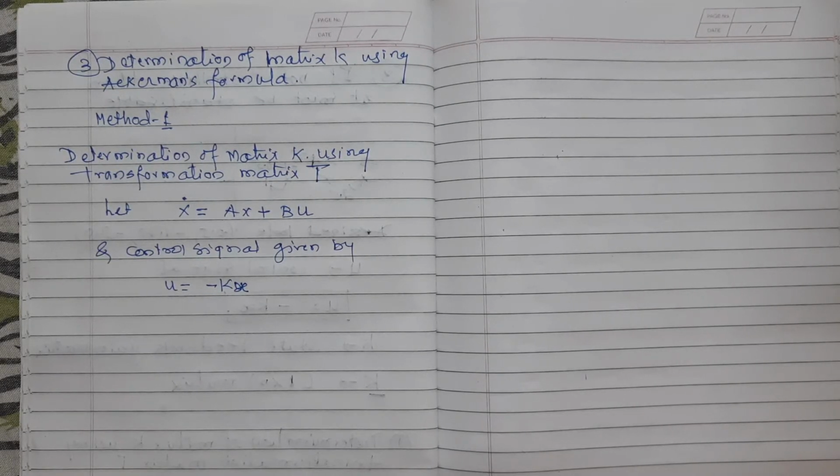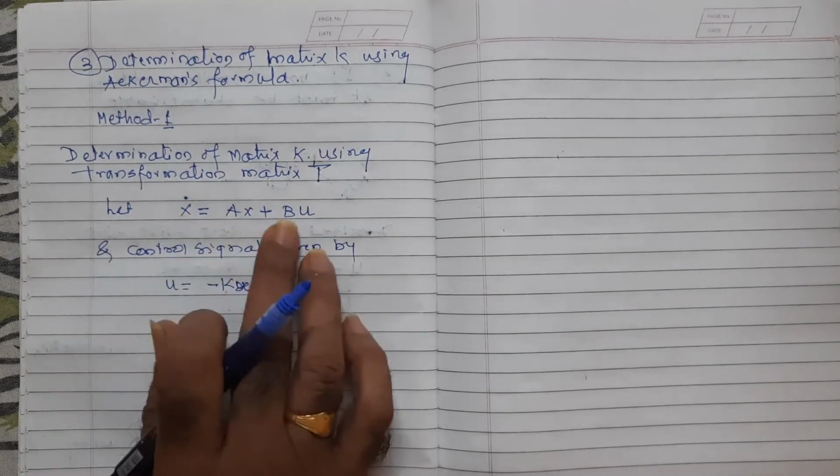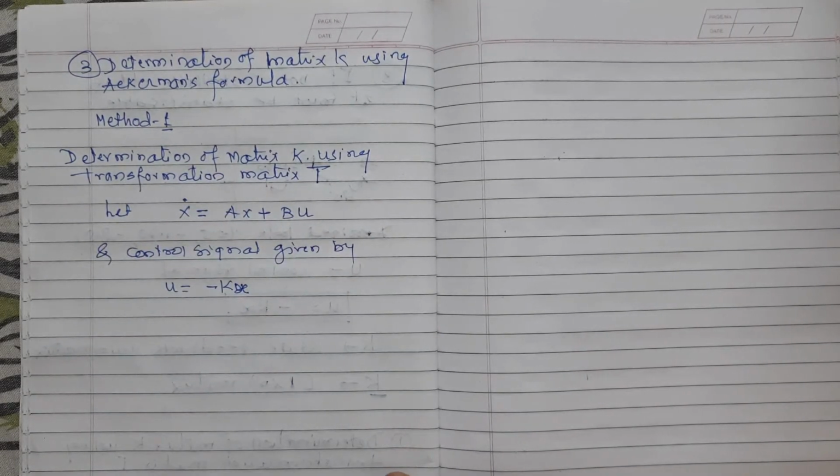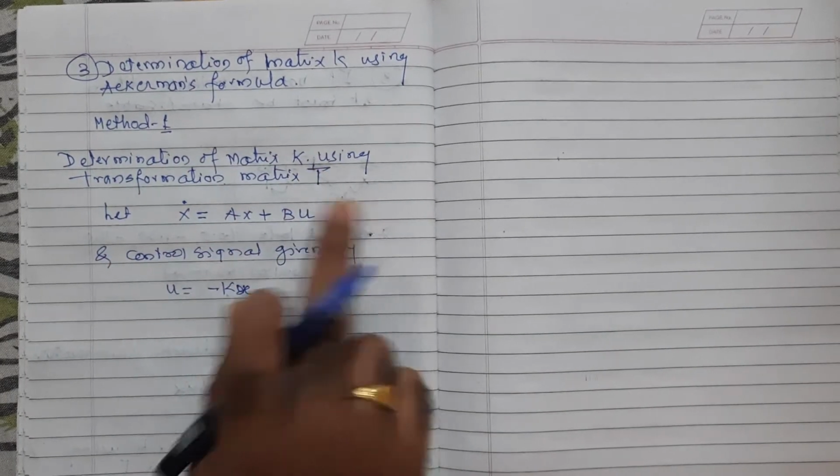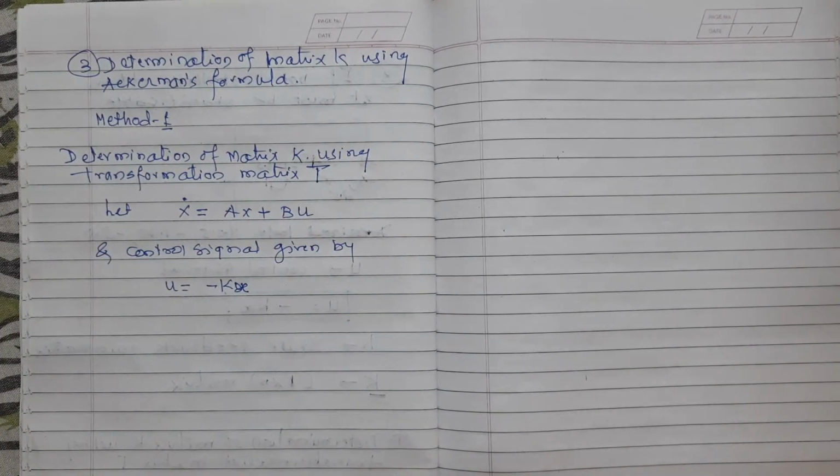So this is our system, that is x dot equals Ax plus Bu, and the control signal is minus Kx. This is given, and we have to determine the matrix K by using the transformation matrix T.